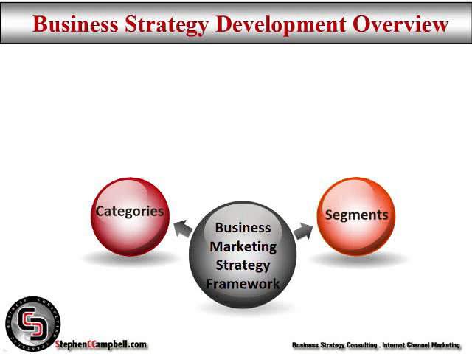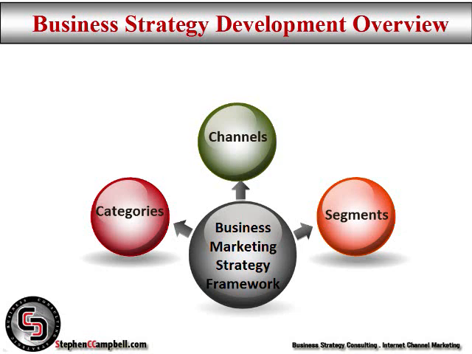Categories start from the viewpoint of the company. Segments are the marketplace, and the bit which connects the two together is your marketing channels. In future videos I will speak about each of these three components in more detail, but this is just a brief overview.